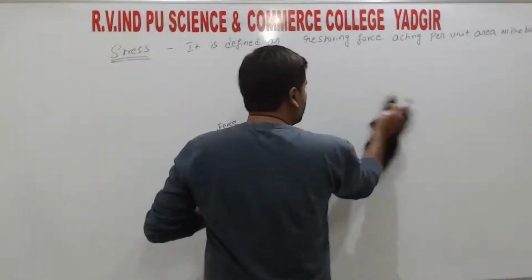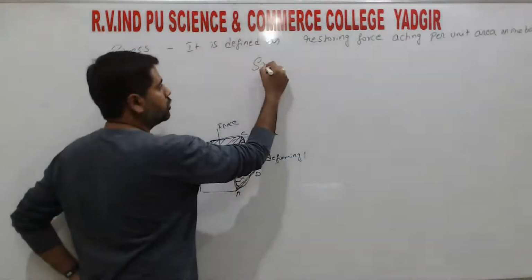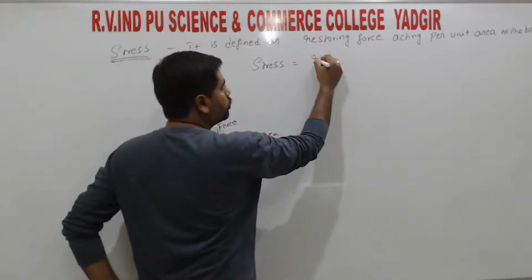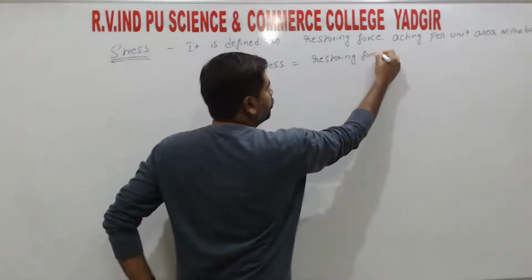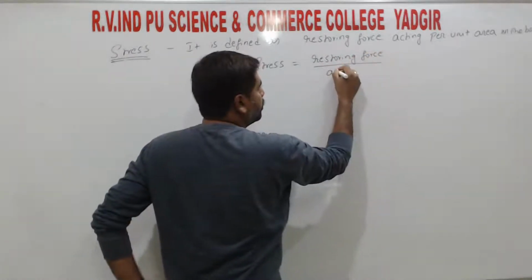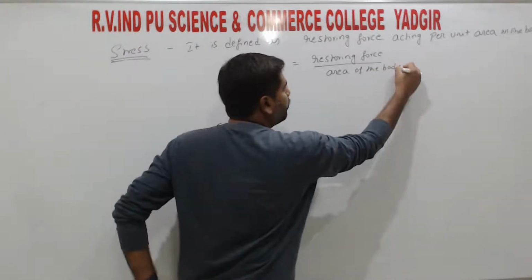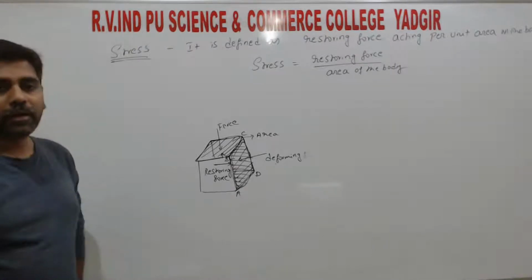Mathematically, we can define stress as equal to the restoring force divided by the area of the body, or simply restoring force per area.